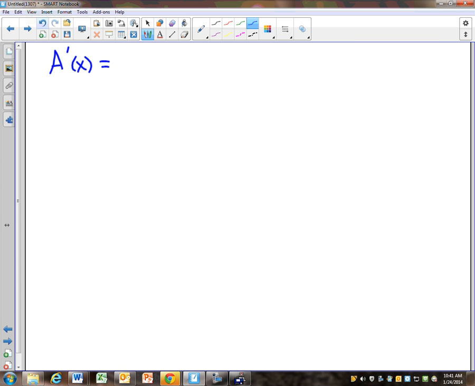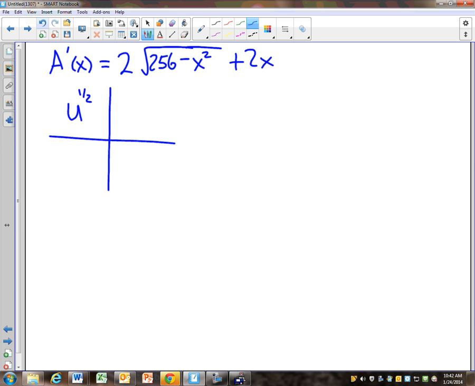What's the derivative of 2x? 2 times the root of 256 minus x squared, plus 2x times the derivative of the square root of 256 minus x squared. Chain rule. Set it up. u to the 1/2, where u is 256 minus x squared. Derivative of u to the 1/2 is 1 over 2 roots of u, times the derivative of 256 minus x squared.